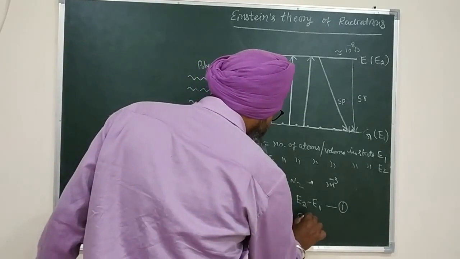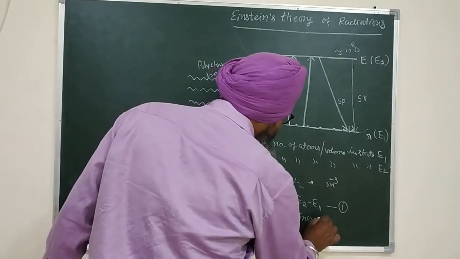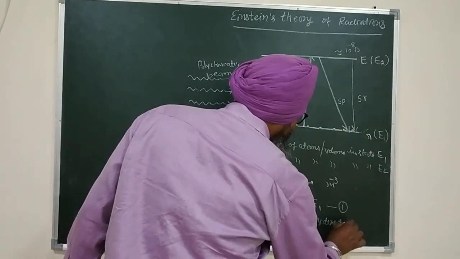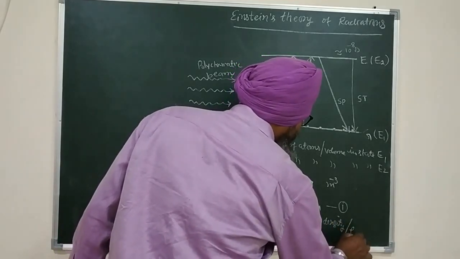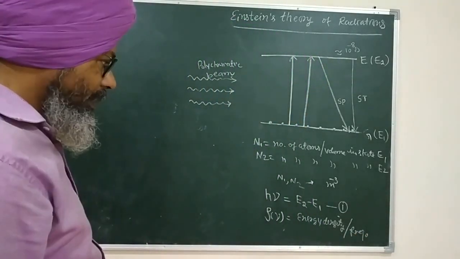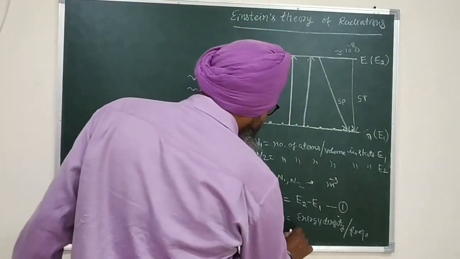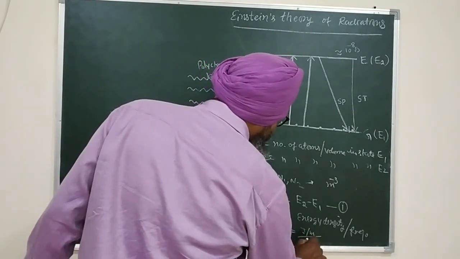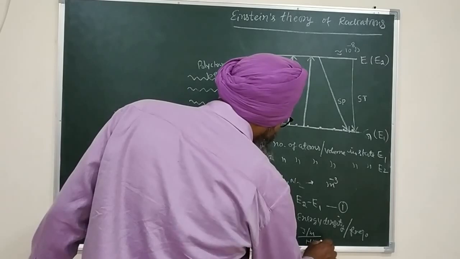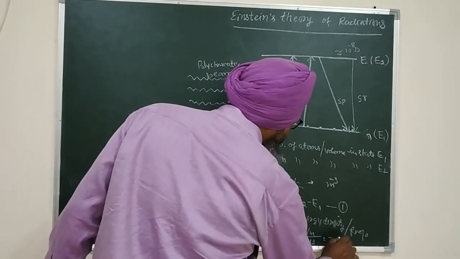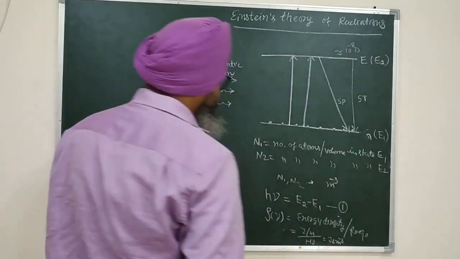It is the energy density of the incident beam for a given frequency, per unit frequency. Obviously, energy density has unit joule per cubic meter and frequency has unit hertz. So this unit becomes joule second per cubic meter.